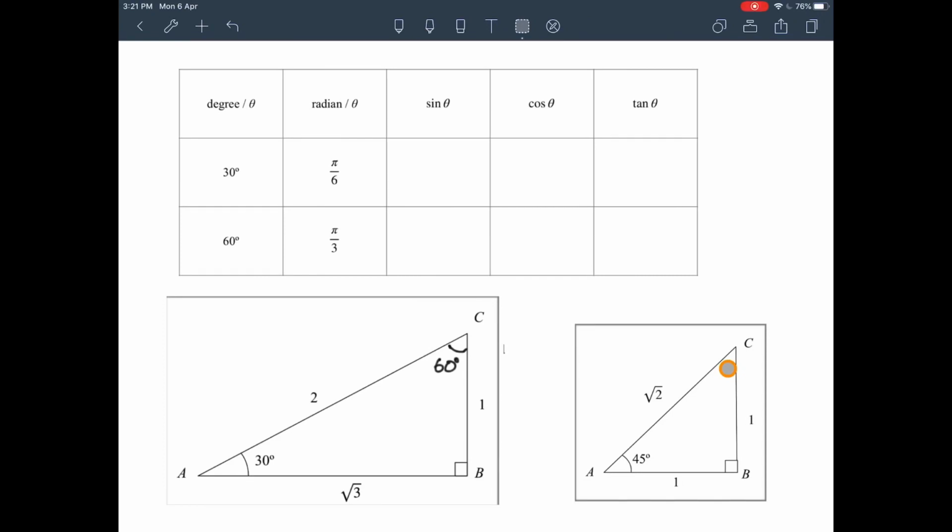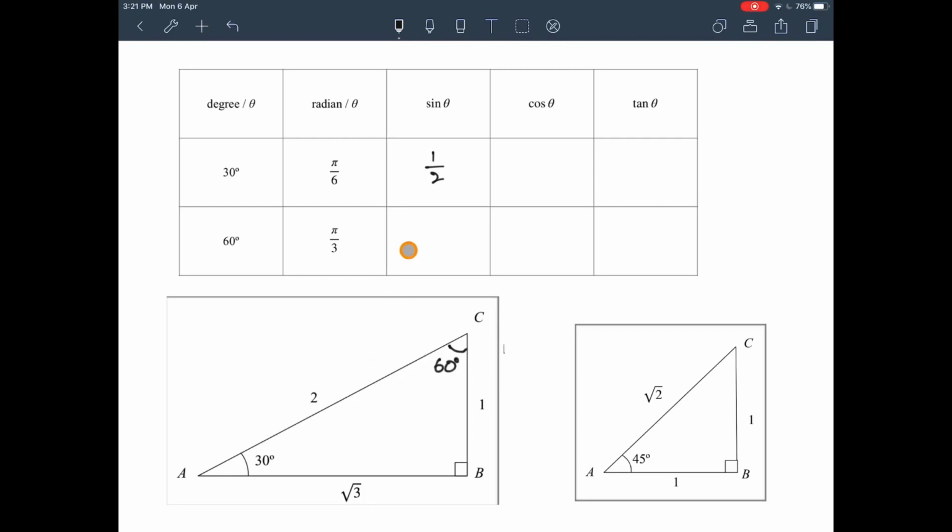Now we will try to complete the table using the diagram that we have constructed earlier. So if our theta is 30 degrees, we will have sine 30 degrees. Sine 30 degrees will be equal to opposite over hypotenuse, so that gives us half.